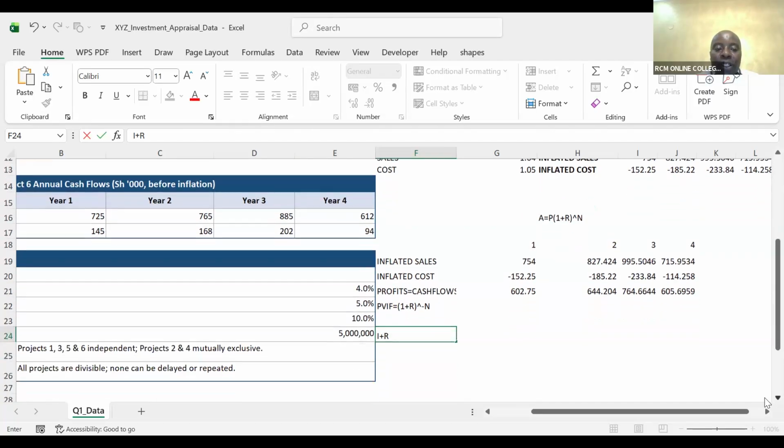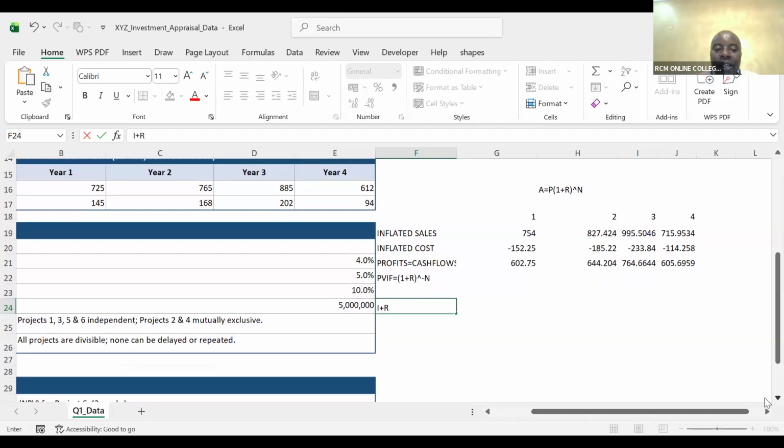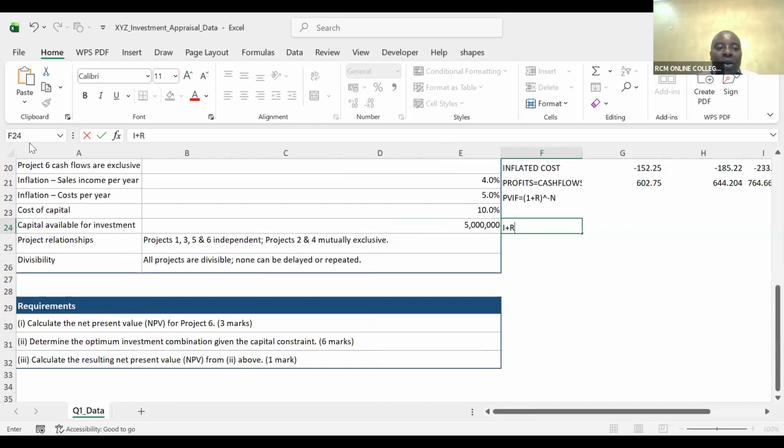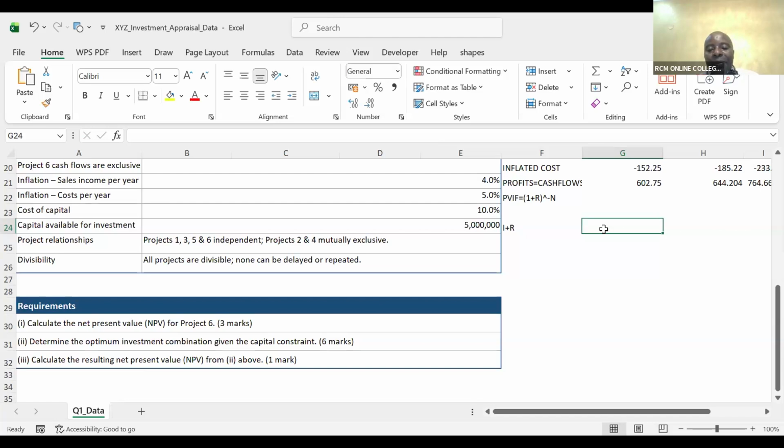They told us somewhere, yes, there is a place they told us. So the cost of capital is 10% here. So you see that is 1 plus 10%. So this is 1.1. You can just do it separately and write it as 1.1 like that.